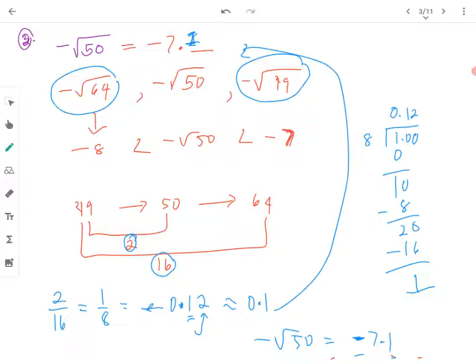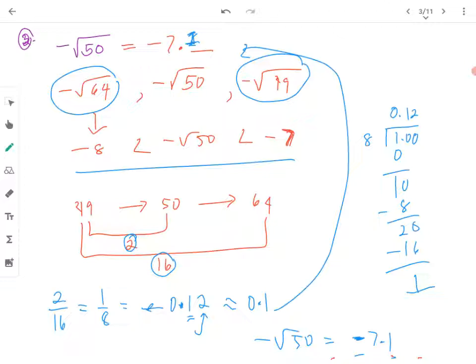This gives us the idea that negative square root of 50 is greater than negative 8, but less than negative 7. Meaning, negative square root of 50 is like negative 7 point something. We do not know that something yet.